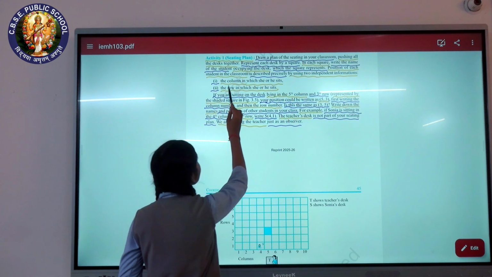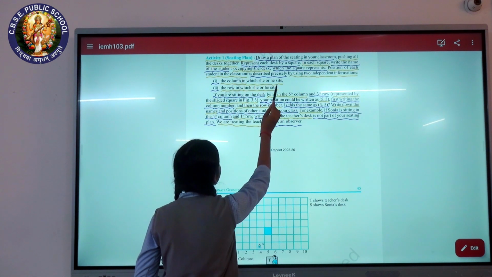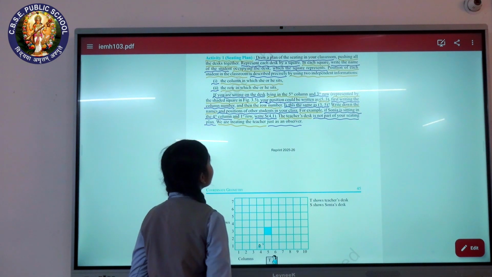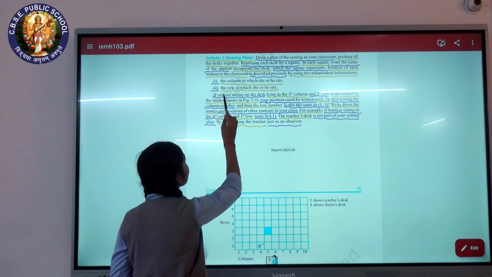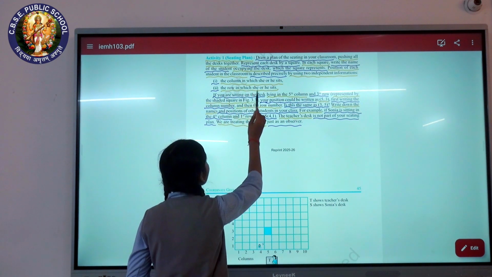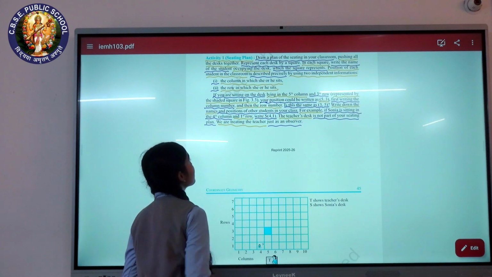First, the column in which she or he sits. Second, the row in which she or he sits.